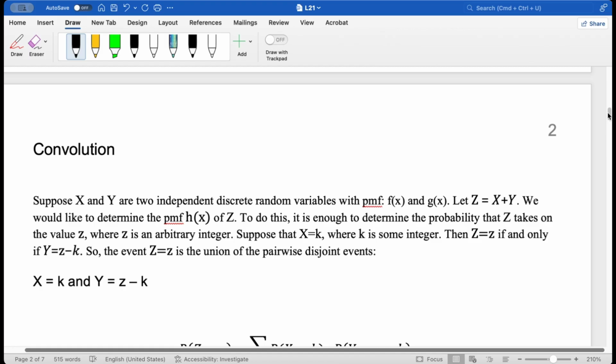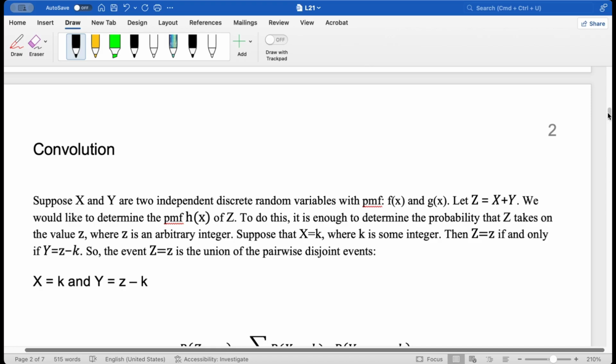So to calculate this, to determine the probability that z takes on a specific value, suppose x is equal to k, then y has to be z minus k for that sum of x plus y to give us this value z.